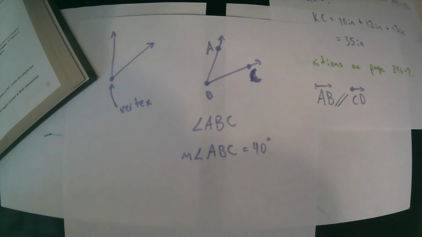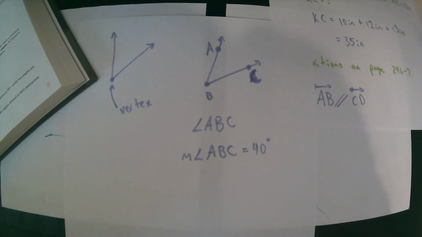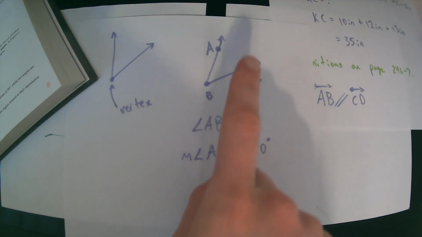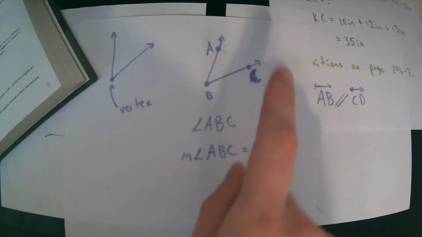Alright, then we have acute angles, which is an angle that has a measure that's between 0 and 90 degrees. Now, we're not really going to talk about negative angles, so that stipulation about it being greater than 0 degrees is not as important to us. Now, negative angles exist. An angle can be negative if you're measuring clockwise.